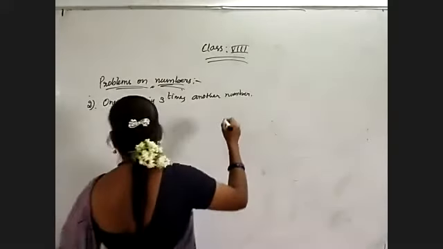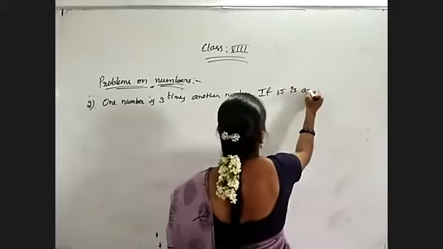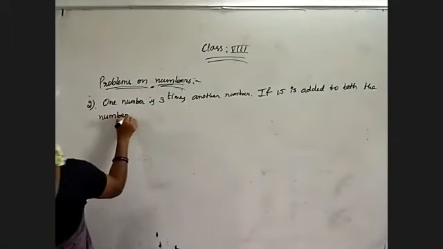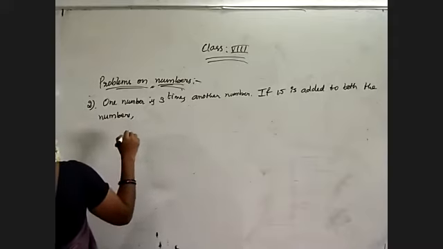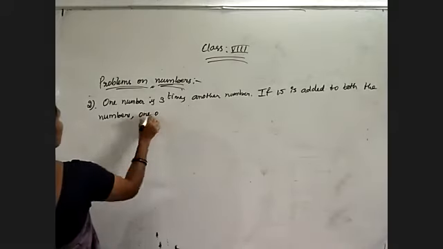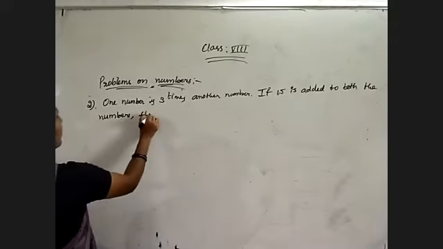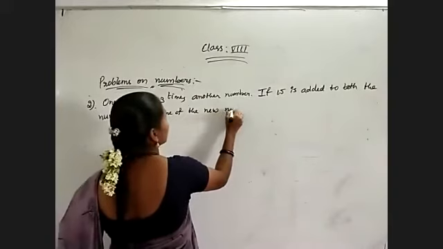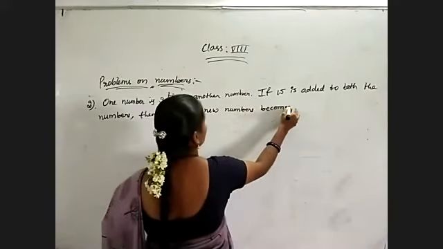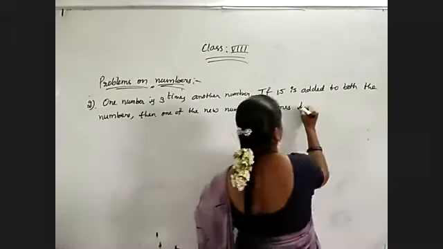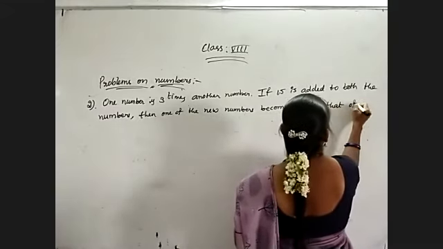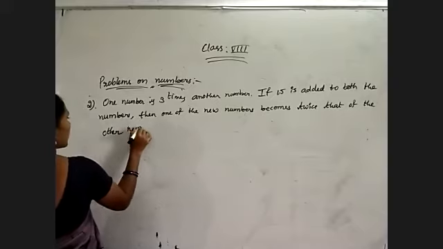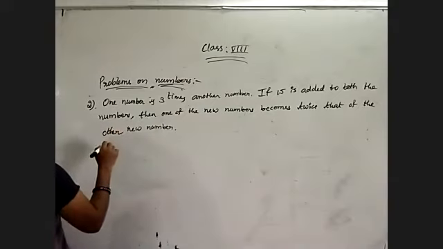If 15 is added to both the numbers, then one of the new numbers becomes twice that of the other new number. Find the numbers.